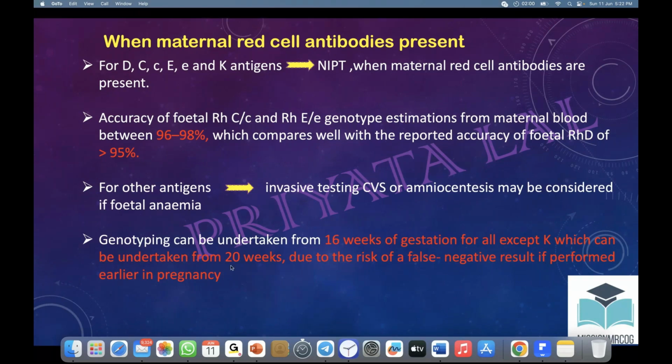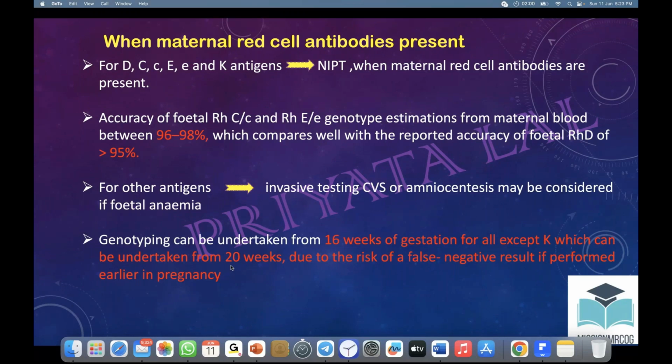The reason the guideline gives is that there could be a possibility of false negative results if it is done early in the pregnancy. Though you might have read that NIPT, or free fetal DNA detection from the maternal blood, can be done from 10 weeks of pregnancy onwards, NIPT is done for many reasons, to detect many other things also.